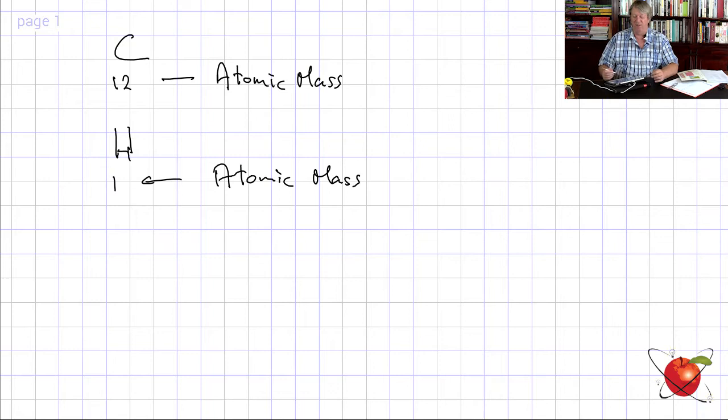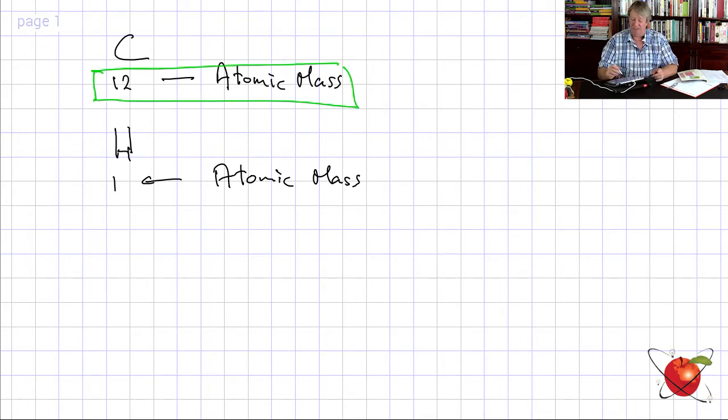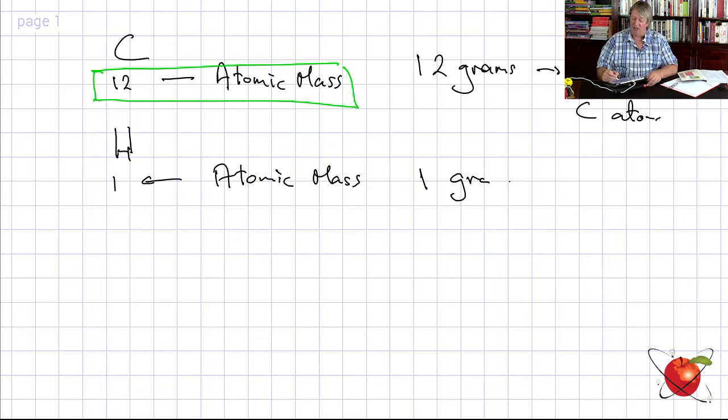Fundamentally, all it means is that if I take any one of these and look at the number under it, the atomic mass, it means this: if I take carbon and I weigh out 12 grams of carbon, guess what I've got? 1 mole of C atoms. If I take 1 gram of hydrogen, I've got 1 mole of H atoms.